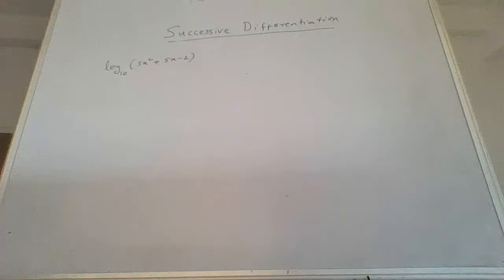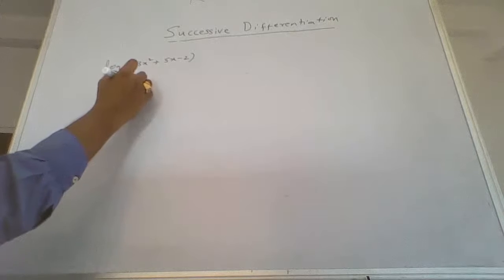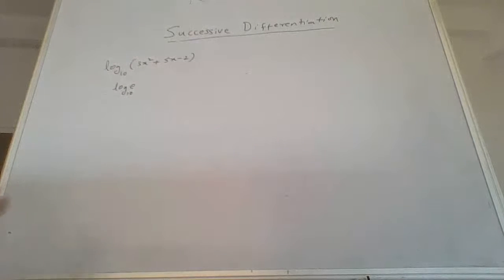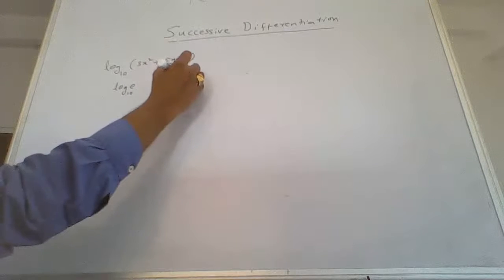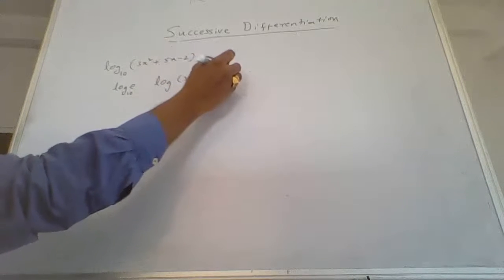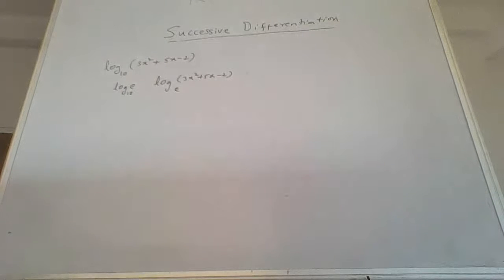Now if I consider the base 10, I can separate that as log e to the base 10, multiplied with log of 3x square plus 5x minus 2 to the base e, which is the same.